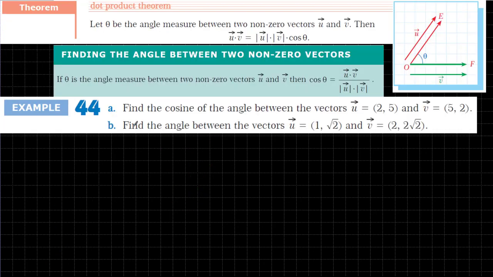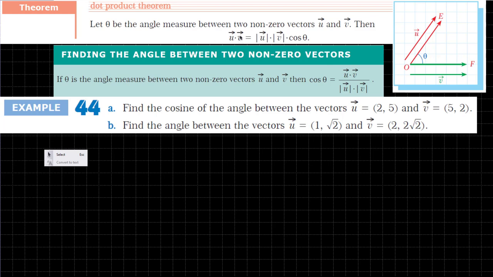Okay, let's continue with another theorem, the dot product theorem. Let theta be the angle measured between two non-zero vectors u and v. Then the dot product of u and v is equal to the length of u times the length of v times cosine theta. If we derive this formula and leave cosine theta alone, you get this one down here.